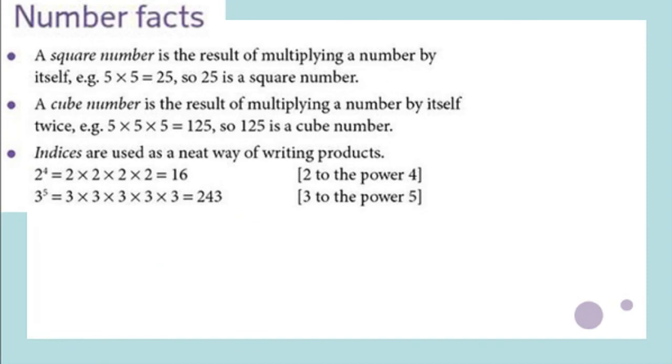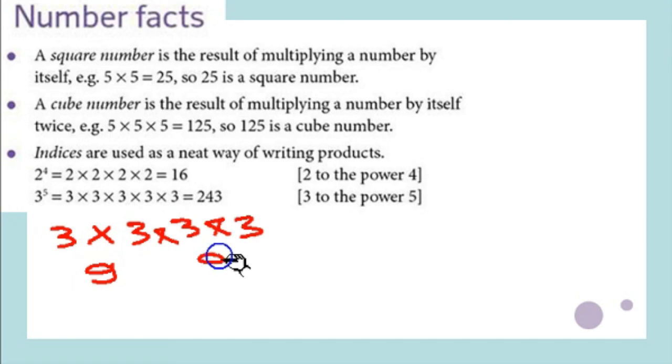Come, what does he tell me? 3 by 3 is 9 and I have 3 by 3 equals 9 and I have by 3.